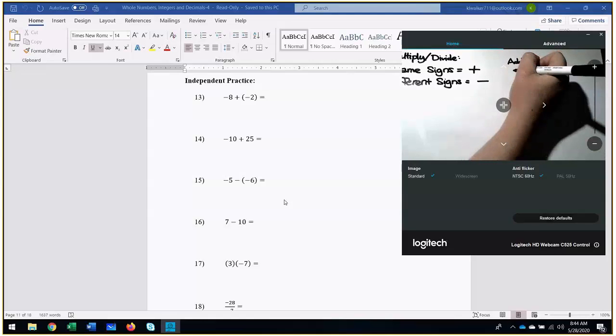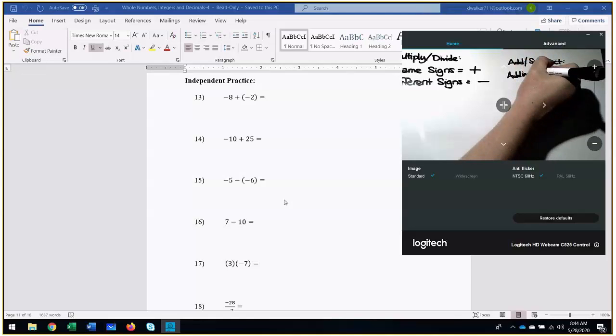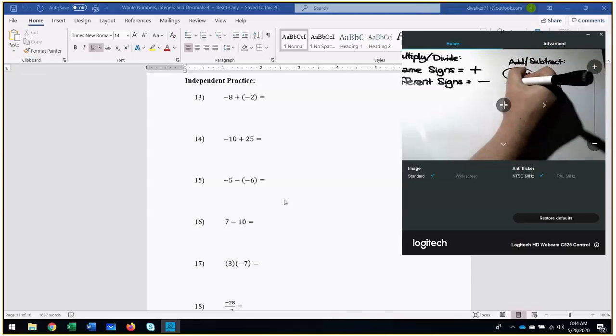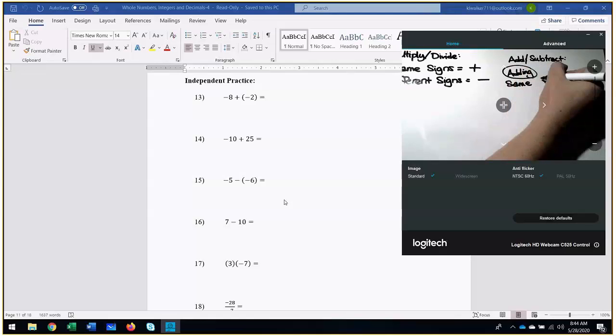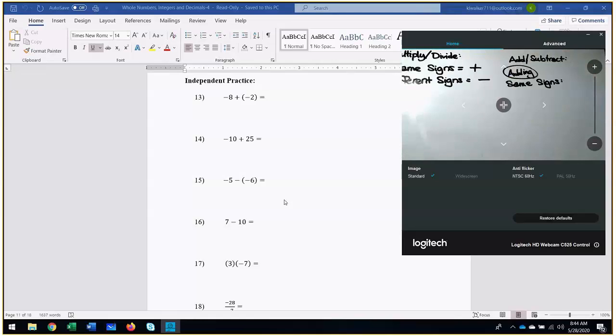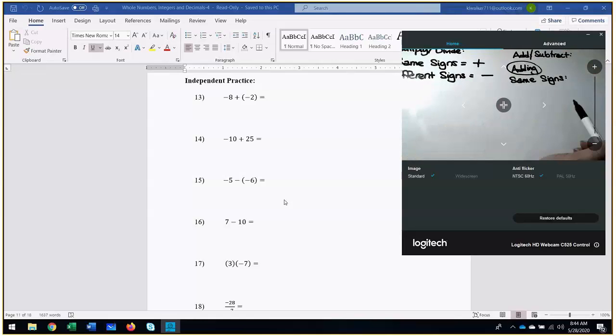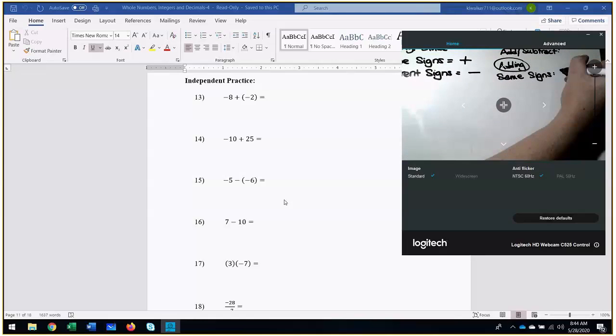All right, so when you are adding, let's start with that. You look at same signs and different signs also, but totally different set of rules than the multiplying and dividing. When you're adding same signs, you're supposed to add your values and then you keep the sign of whatever it is.